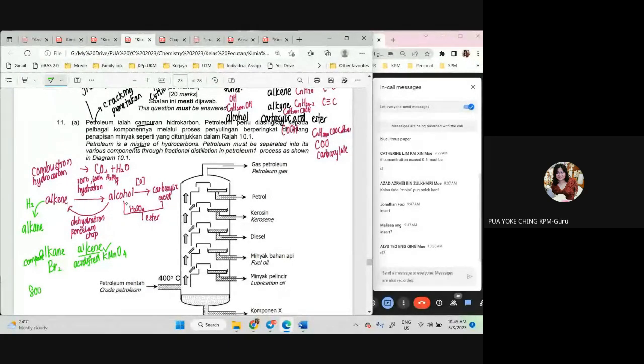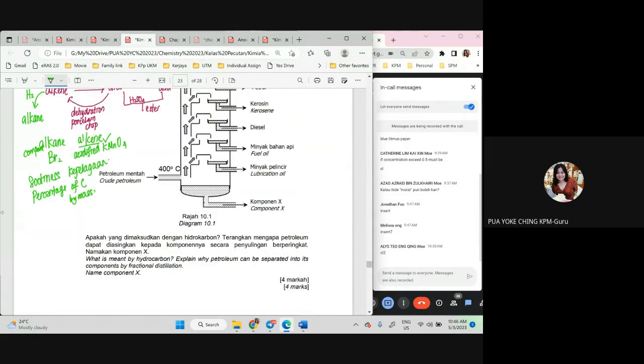Sootiness. Kejelagaan. Okay, yang ni kena kira percentage of C by mass ataupun percentage of carbon atom per molecule. Okay, so semakin tinggi percentage, semakin tinggi sootiness. Okay, so itu ialah your roughly chapter 2. I rasa I tak tertinggal lah.